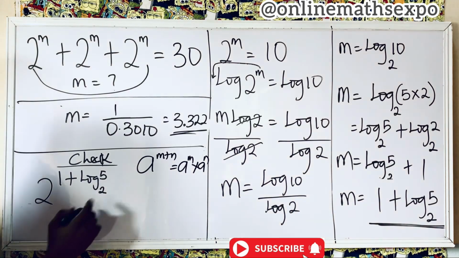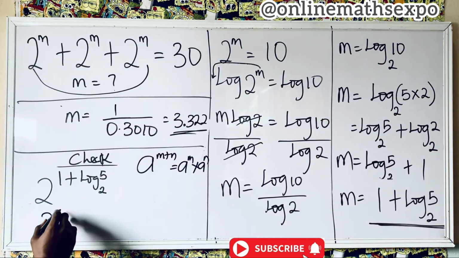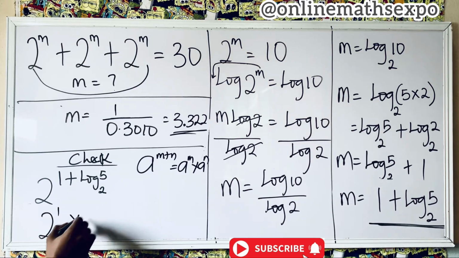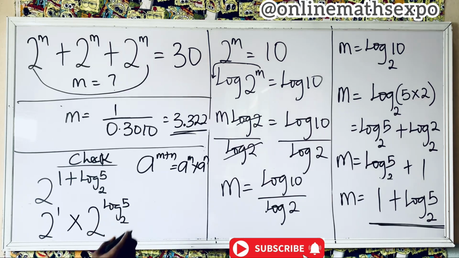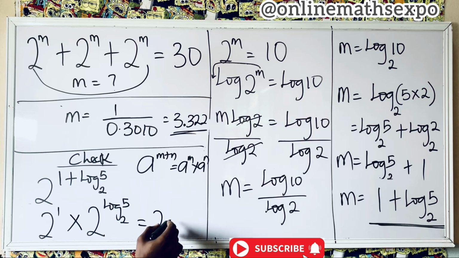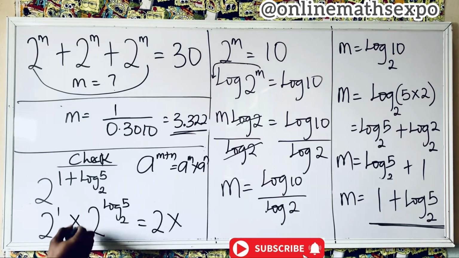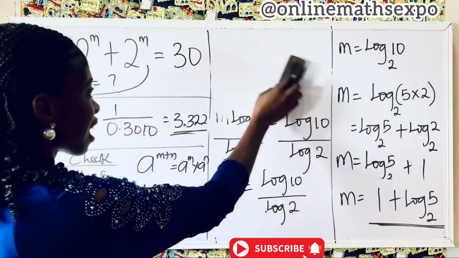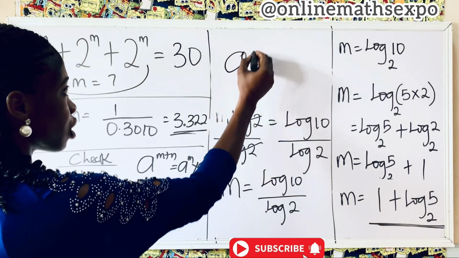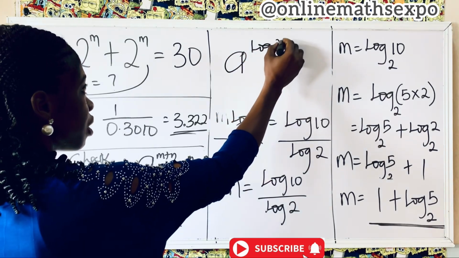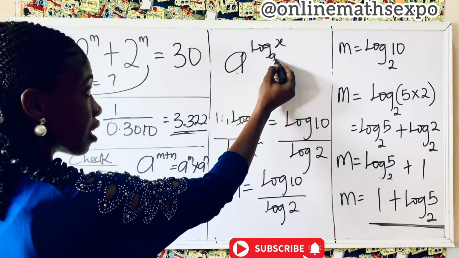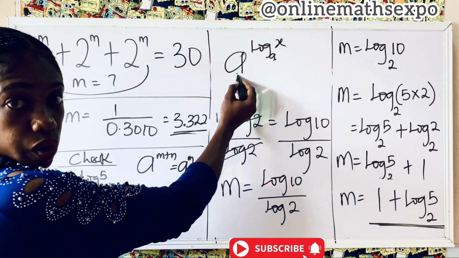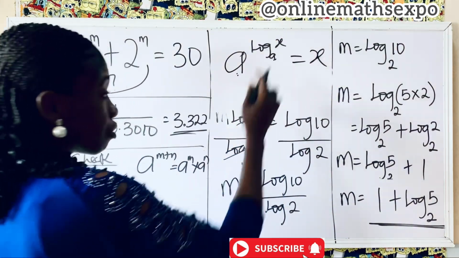Did you see that? So in that case, we are going to have 2 to the power of 1. This will become multiplication, and it will be 2 to the power of log 5 base 2. I hope you see that. And 2 to the power of 1 is 2, multiplied by this, which is your antilog. One of the rules of your antilog says that if you have a to the power of log x base a, because the base here is the same as this base, it means your value is your number x.